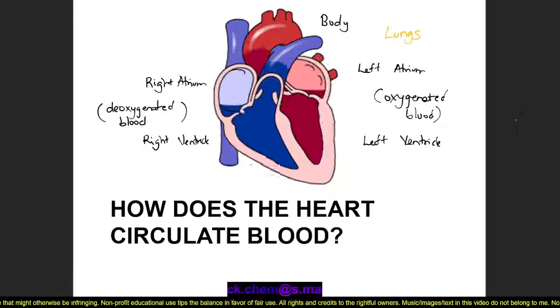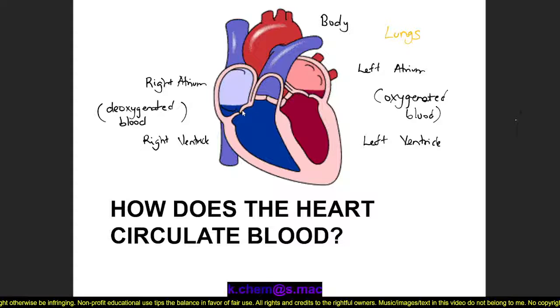What do we see happening when the atria contract? When the right and left atrium squeeze, blood is pushed into the right and left ventricles. Look at it again.